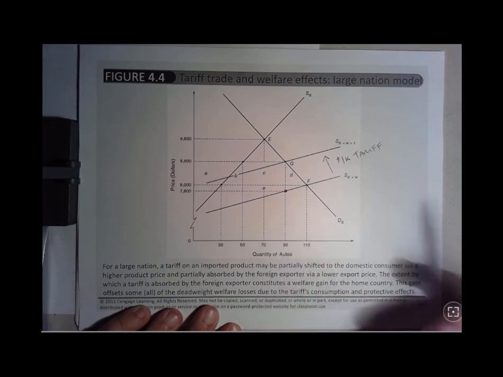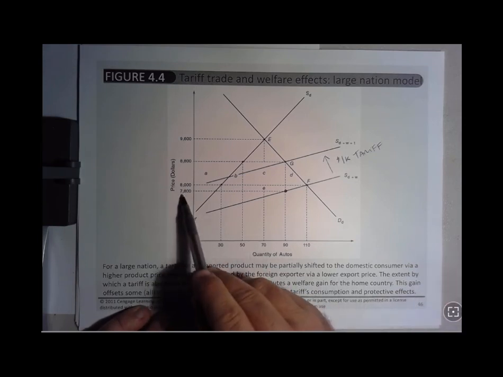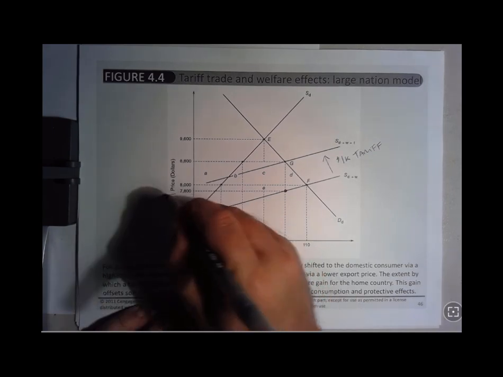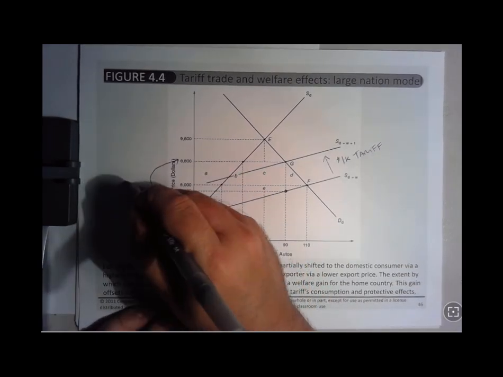The extent of which, of course, varies per product. It could be very small, or it could be larger. In this case it was $200. Okay? So then the tariff is applied.